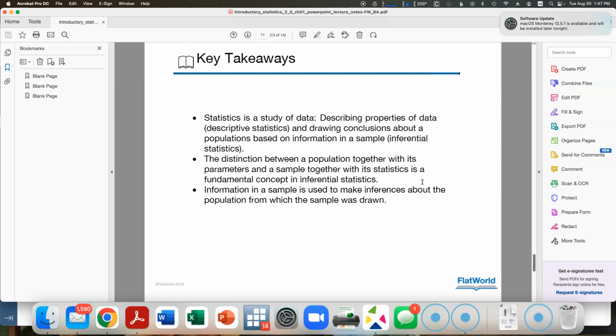We'll do both descriptive statistics and inferential statistics, with the goal being that we typically can't know everything about the population. Rather, we're going to take samples and we're going to make inferences, educated guesses, basically, which is why it's called inferential statistics. We're going to make educated guesses about the population based on the sample that we've drawn upon.